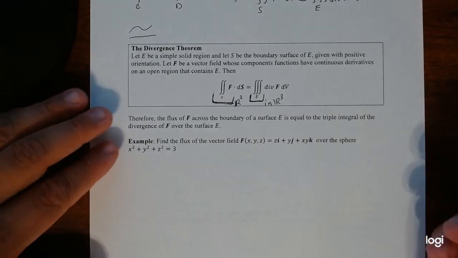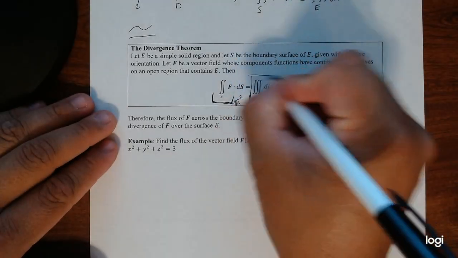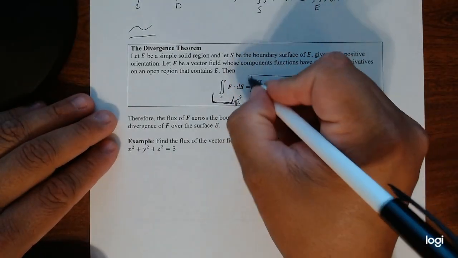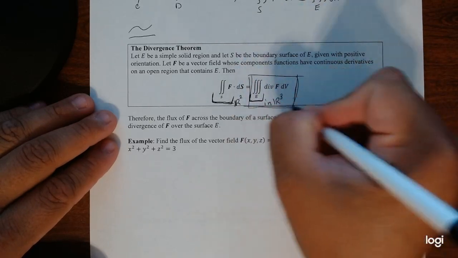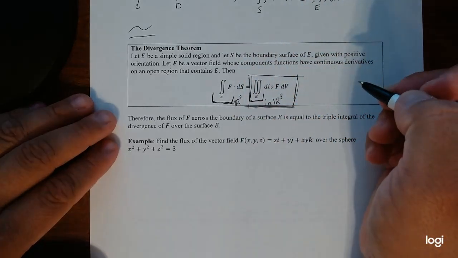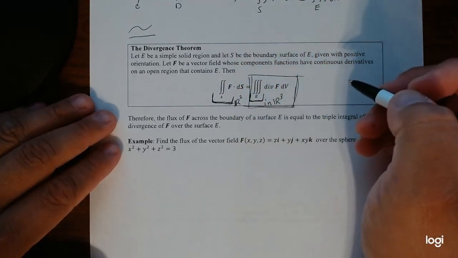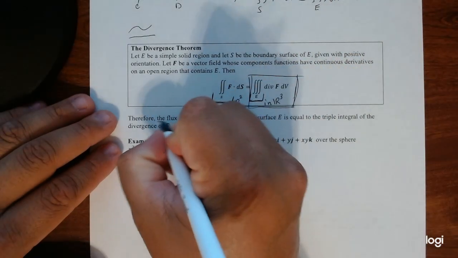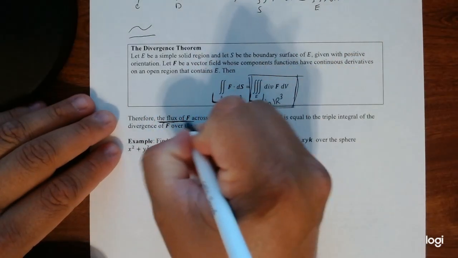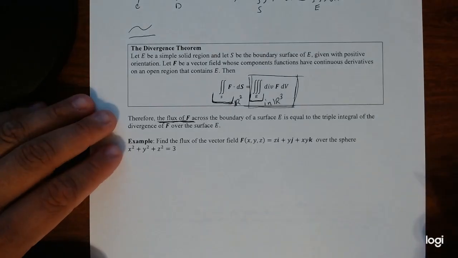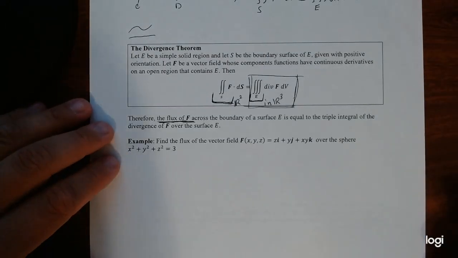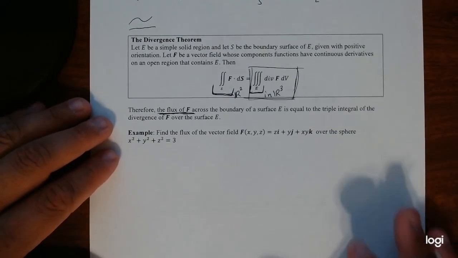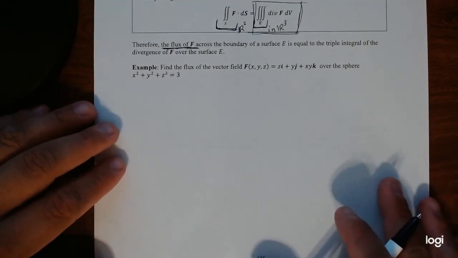Now, this is so important when it comes to physics and engineering. This is what is called the flux of a vector field across the boundary of a surface. So a more proper way of saying it is finding the flux of the vector field. Let's try an example so you can see how this will work out.